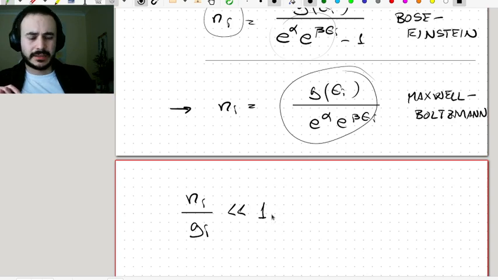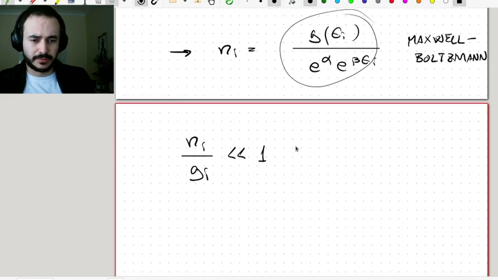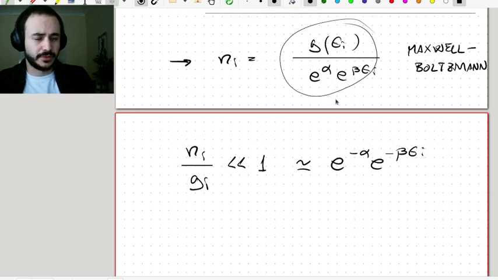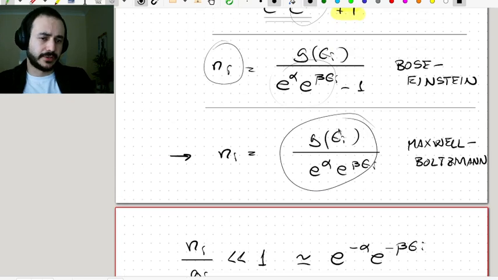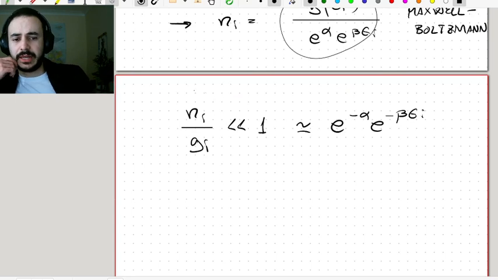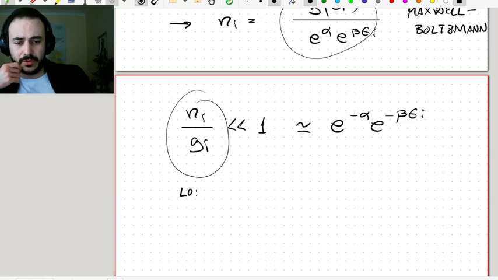And essentially, when this is very small, I can approximate that by e to the minus alpha, e to the minus beta epsilon i. That's what I'm saying. So when this exponential is huge, I don't care whether I add or subtract 1, I just get roughly the same thing. And this thing being small is what I interpret as being the low density limit.